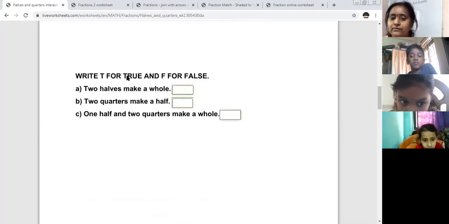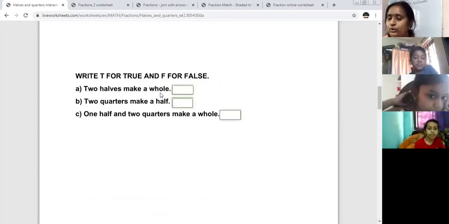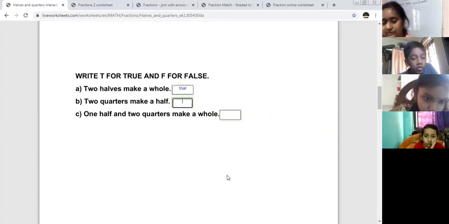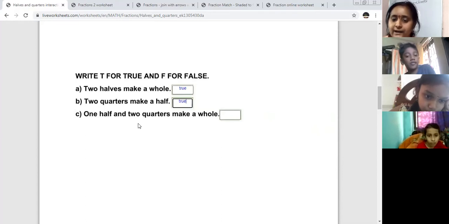Now, write true or false. 2 halves make a whole. True. 2 quarters make a half. True. Very good. 1 half and 2 quarters make a whole.